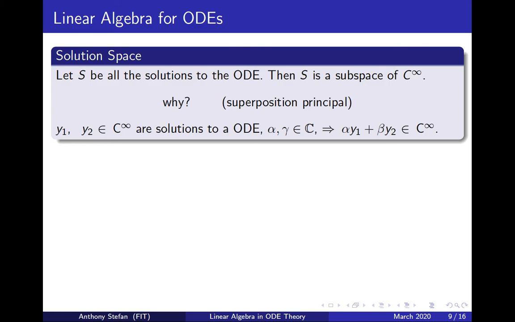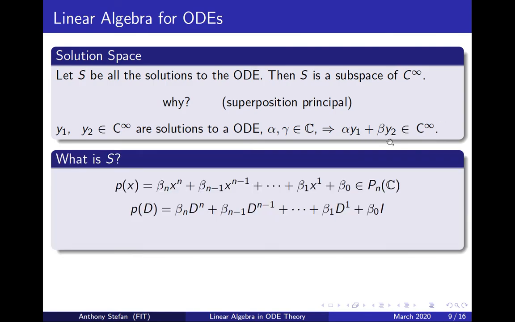They are in C infinity, which we've shown, but then let alpha and gamma also be in the complex field. Then any linear combination of these two solutions will also be in C infinity. Therefore, we want to investigate S, our solution space. So for our solution space, let's just consider this polynomial p of x.